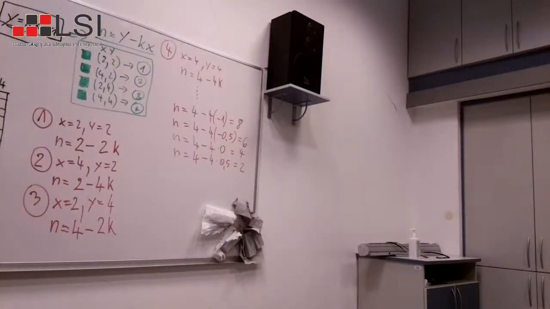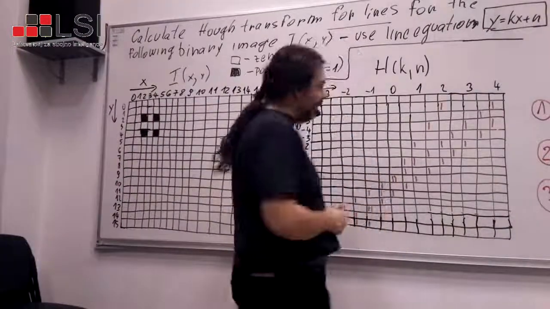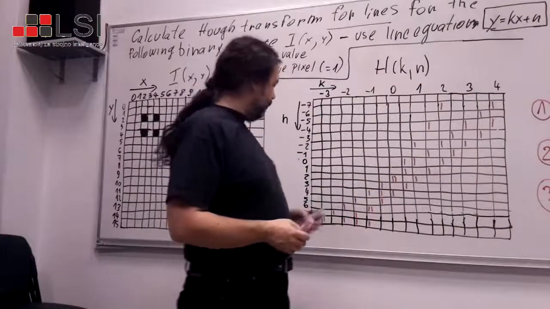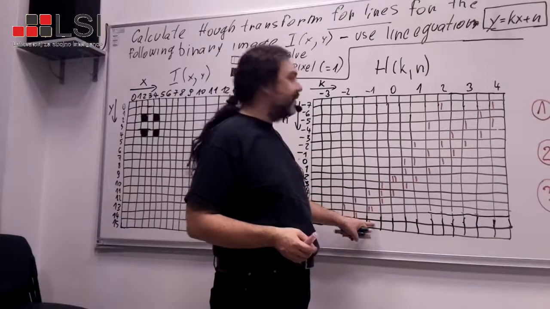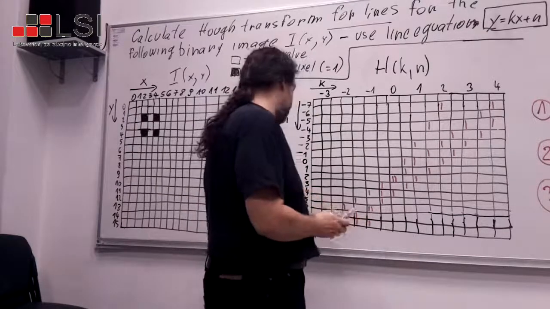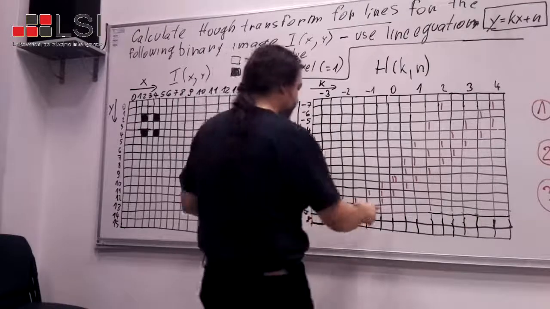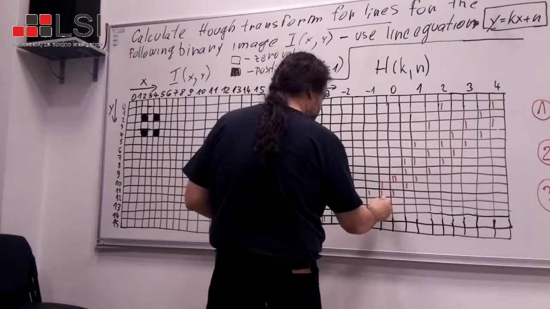So we can proceed and try to put these votes into the accumulator. Yeah. So we started with this one. At minus 1, we got 8. Then at minus 0.5, we got 6. So one vote comes here.